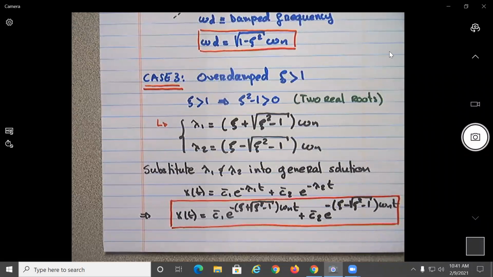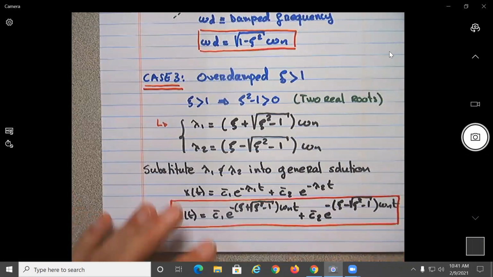Okay, so now what do we need to do? Find C bar 1 and C bar 2 using the initial conditions. It's over and over the same procedure, okay?